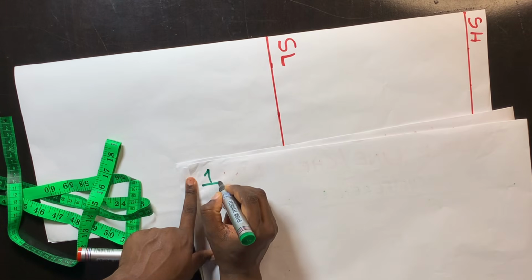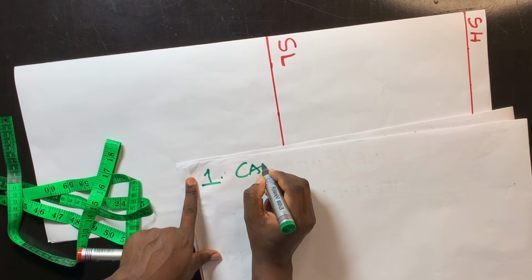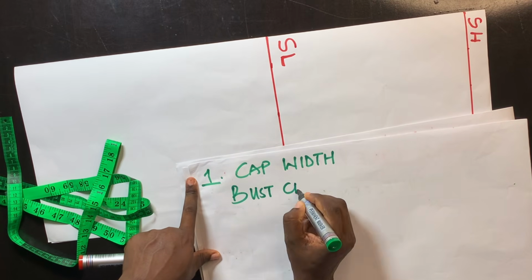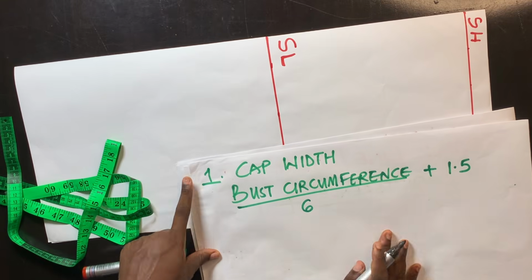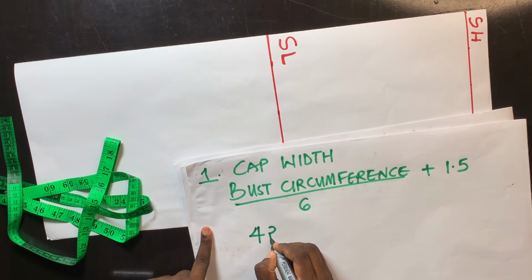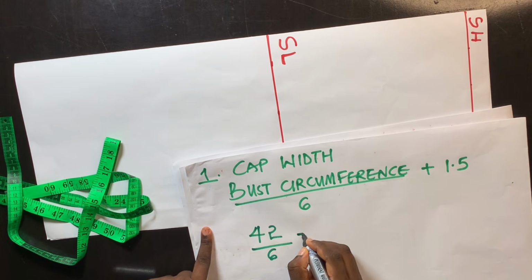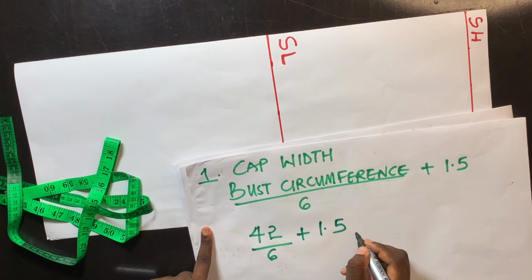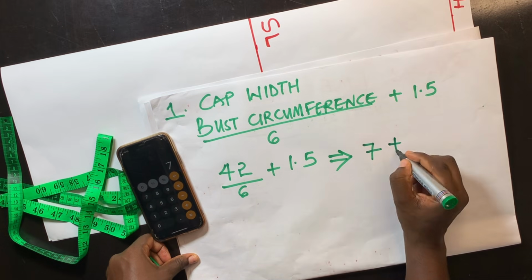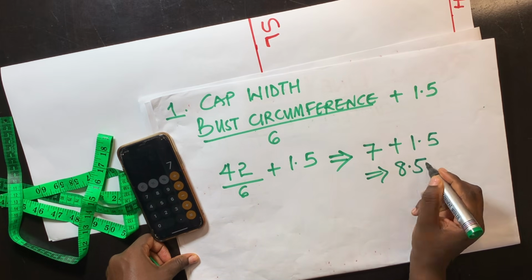To draft our sleeve pattern, we need to calculate our cap height and our cap width. In order to calculate our cap width, we have to divide our bust circumference by 6 plus 1.5 inches. My new bust circumference measurement is 42 inches. So 42 divided by 6 plus 1.5. 42 divided by 6 equals 7. 7 plus 1.5 inches gives 8.5. So my cap width is 8.5.